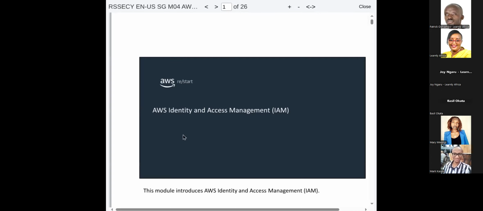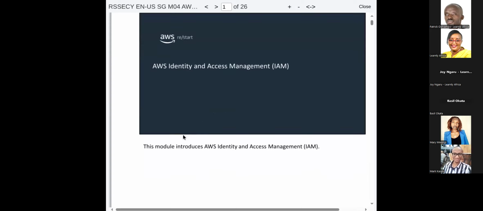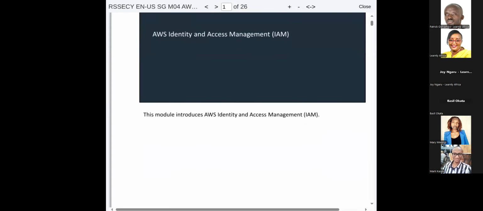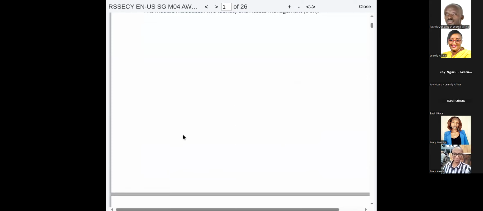Right, so today let's dive into identity and access management. Let's see what it means when you hear people saying IAM, and what you can use this service for.